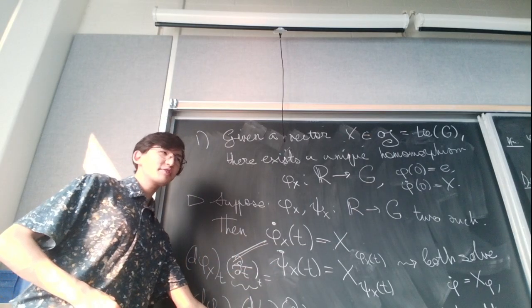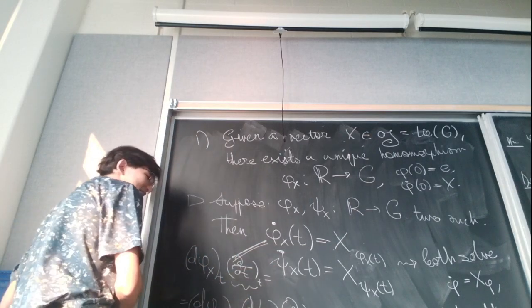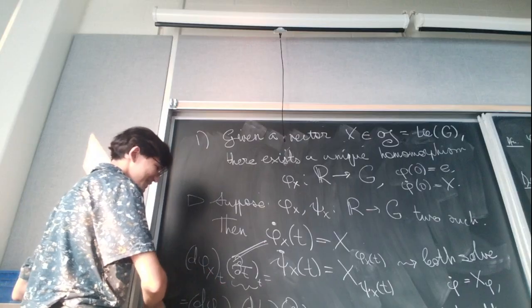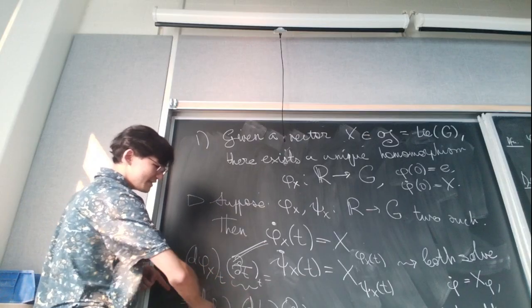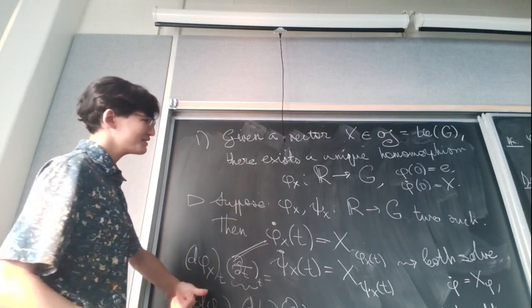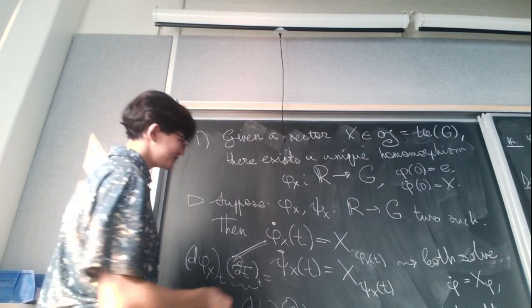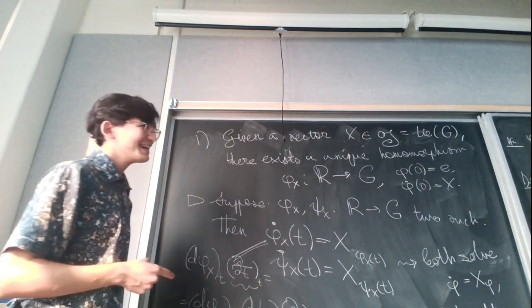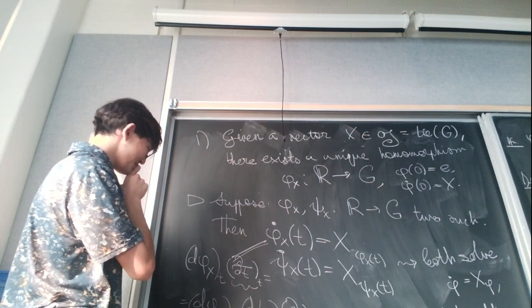And now you use the homomorphism property to pull that left translation through the homomorphism and get this equation. I suppose that wasn't too clear.